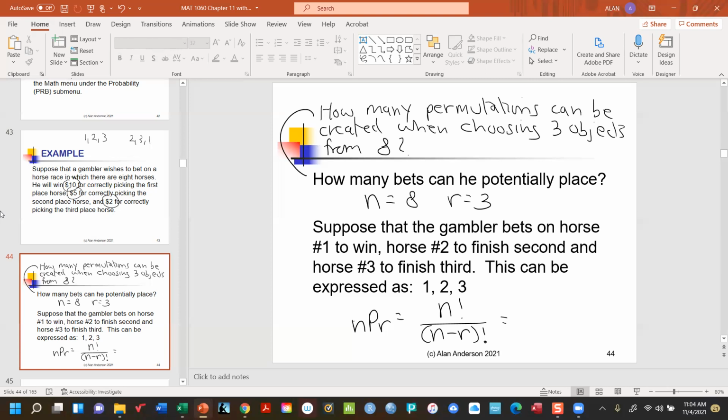All right, so remember what you're supposed to do after you plug everything in. You're going to have 8 factorial over 8 minus 3 factorial, which is 8 factorial over 5 factorial. Now, you go to your calculator and calculate them both separately and then plug them in.